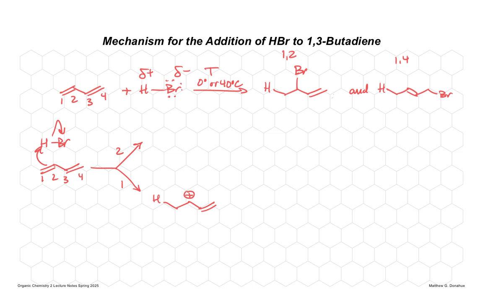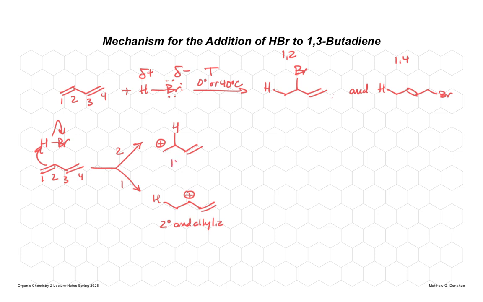If we go up path 2, carbon 1 is going to end up as the carbocation. At this point, we would classify them. This one is secondary, and it's allylic.